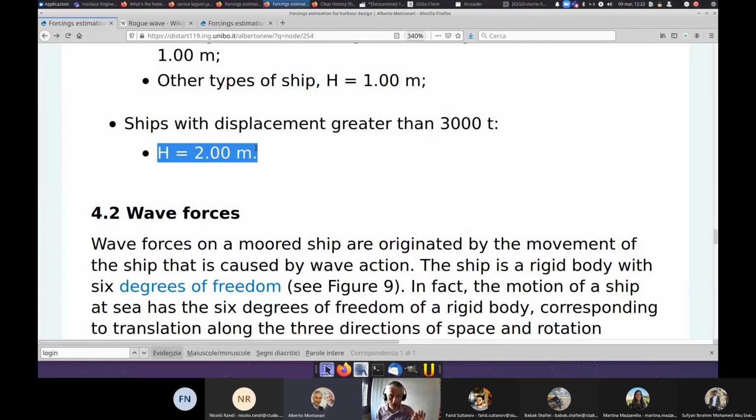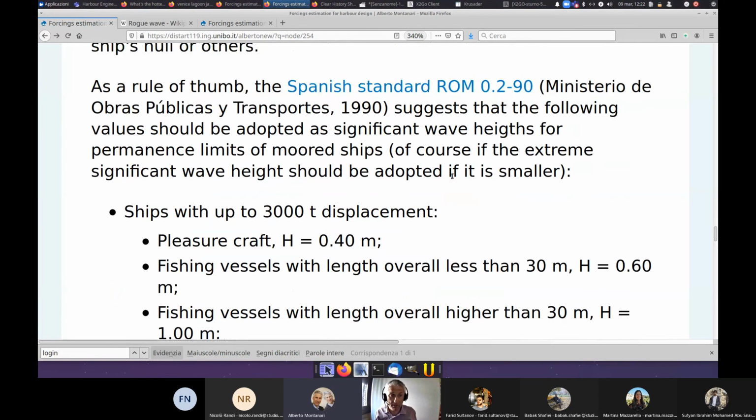These are rules of thumb. And these rules of thumb are to be applied when permanence is limited, so when we have the possibility to unberth the ships in case of an emergency.